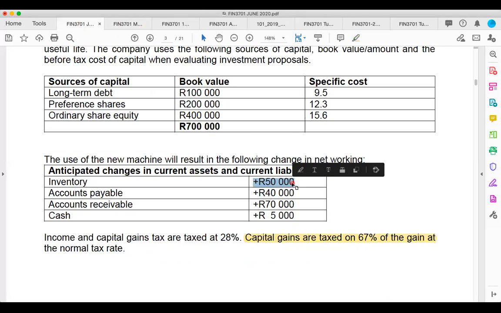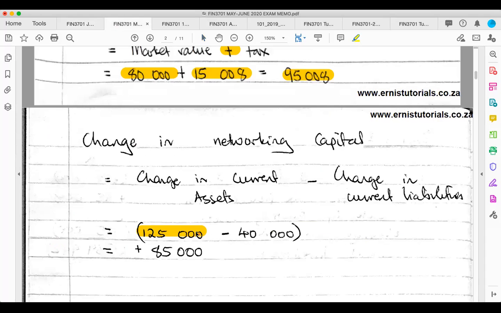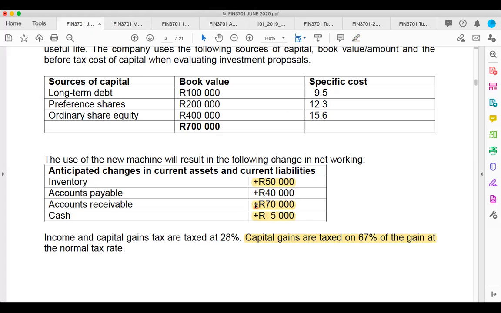It's 50,000, that's inventory, it's a current asset, plus 70,000, another current asset, plus 5,000. So our current assets went up because these are all plus signs, giving us plus 125.